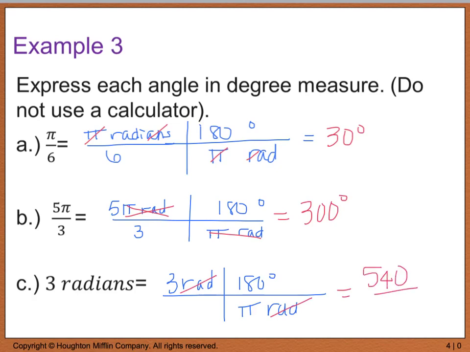Now my radians canceled out, but I still have this pi down here, so it's really 540 divided by pi. If you type that in on your calculator, you'll see that that's somewhere close to 171.9 degrees. But I would prefer that you left these with the pi's unless it asks you to round to a specific number of decimal places.